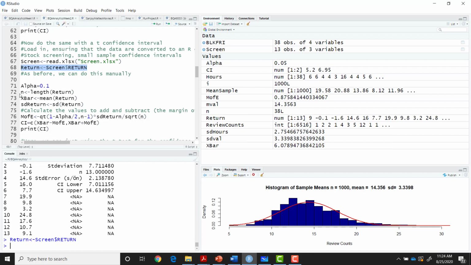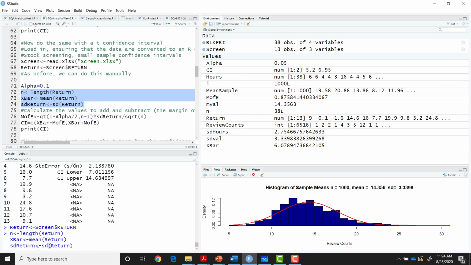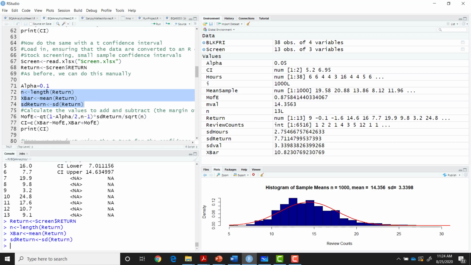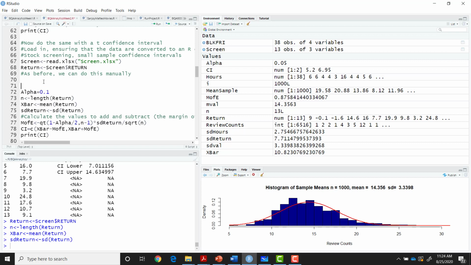Now, we calculate the n, the mean, and the standard deviation. This time we want a 90% confidence interval. So 1 minus alpha is going to be 0.1.